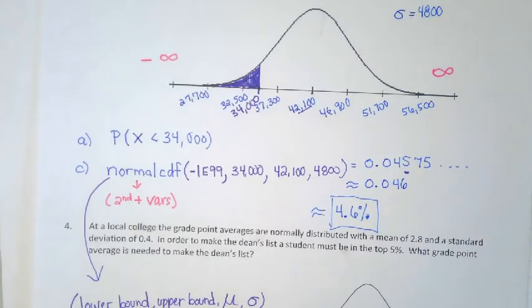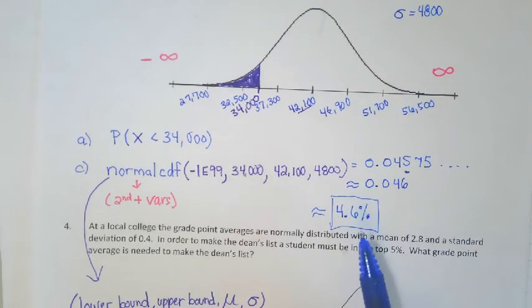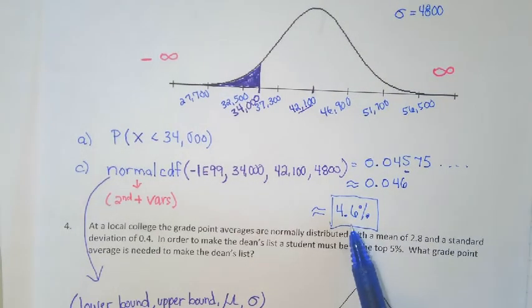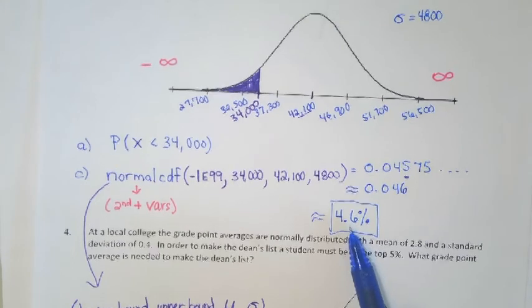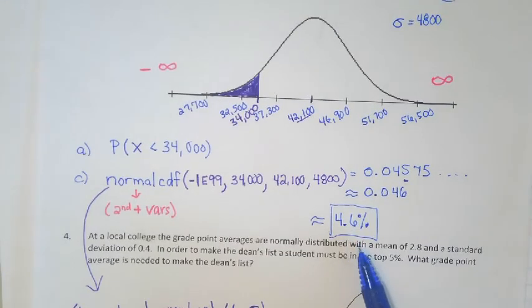So if I were to complete the last requirement of the question D, answer the question in a complete sentence, I might say something like, about 4.6% of salaried workers with the advertising firm earn less than $34,000 per year.